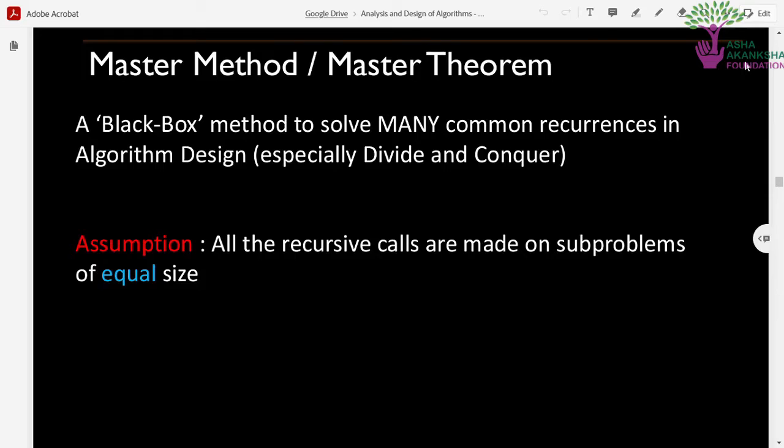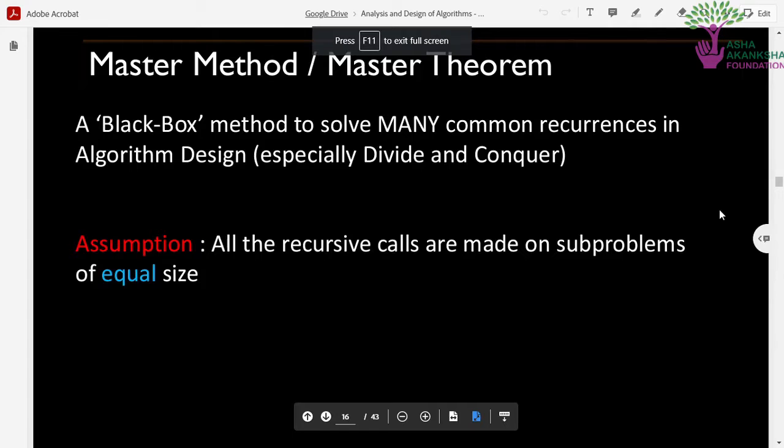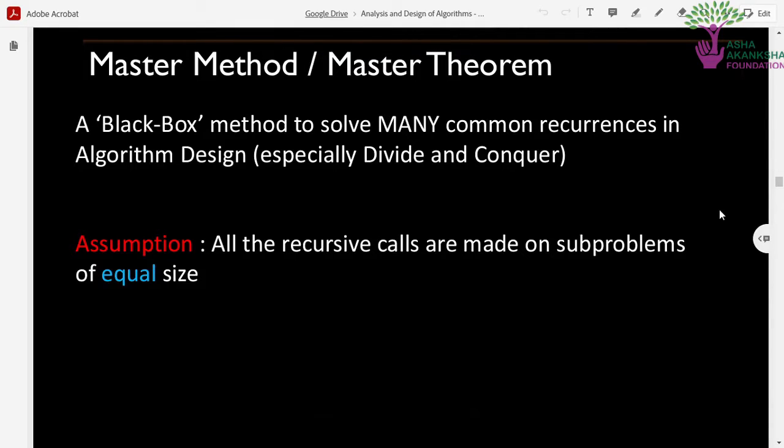So in a basic recursive call, we all know that we are dividing a big problem into several small problems and then solving the small problems using the same algorithm that was being used to break down and solve the big problem itself.